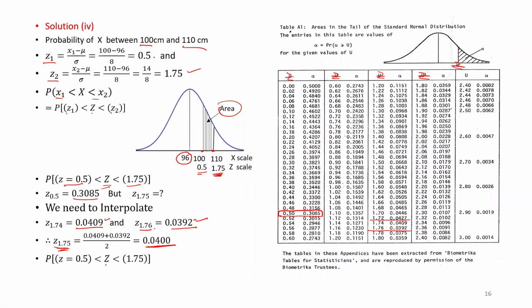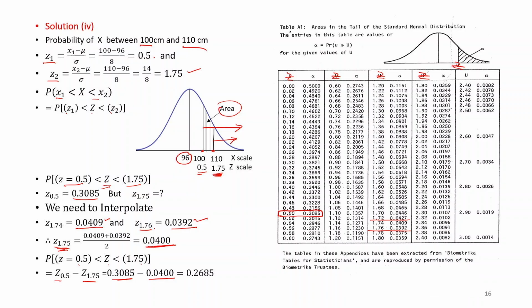So, to find Z lying between these two limits is equivalent to what? The difference between these two. Why? Because for Z 0.5, this is the area beyond 0.5, and this is the area beyond 1.75. That means area from here and more, and area from here and more.